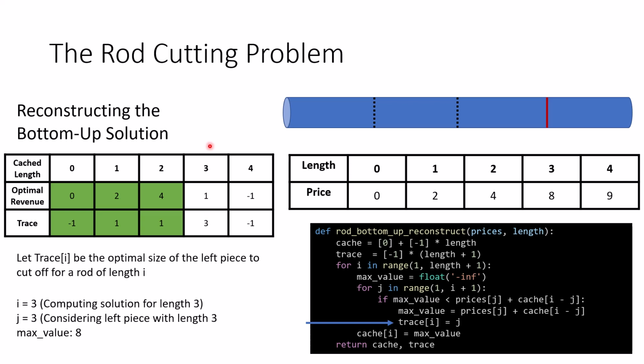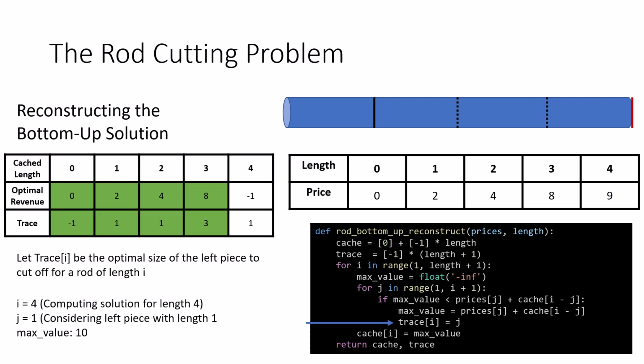So that's basically telling us if we're ever considering the problem of a rod of length 3, just cut such that the left part of the rod is length 3, and that's really going to be the only cut that we make. Okay, so we update the cache accordingly, and then now we do our final problem of length 4.